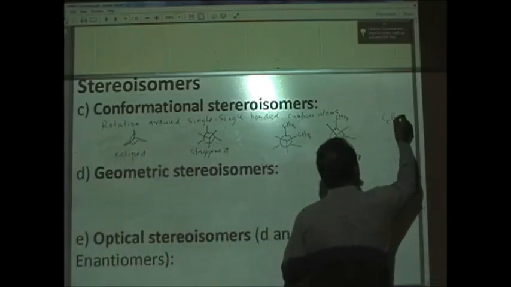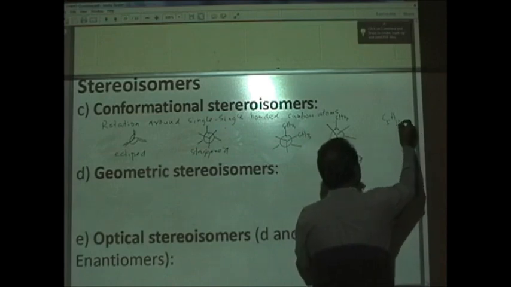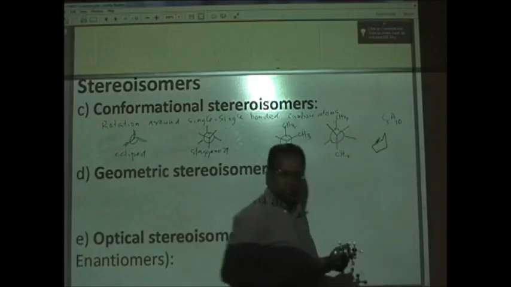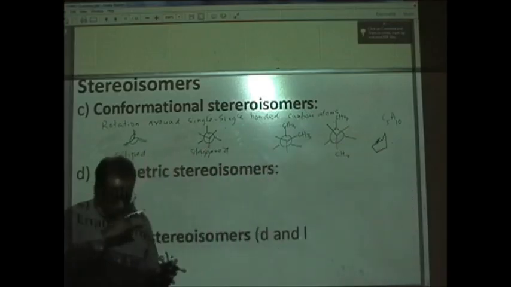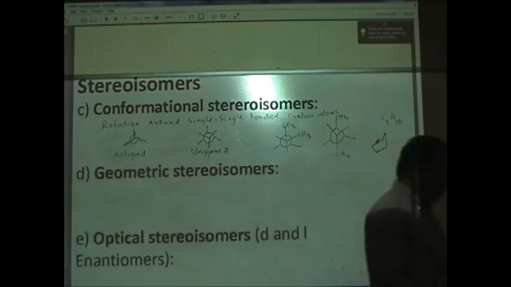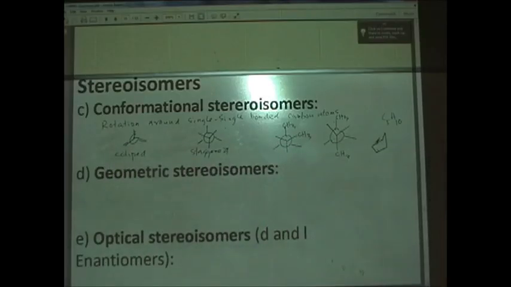C5H10. It looks like this. Line formula. Okay, this is one of the conformations. See, they can rotate around the bond. This can flip here. They have the same energy. But it's still the rotation between single bonds, right?